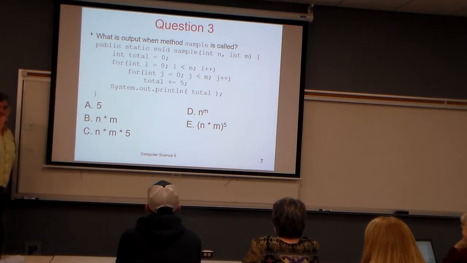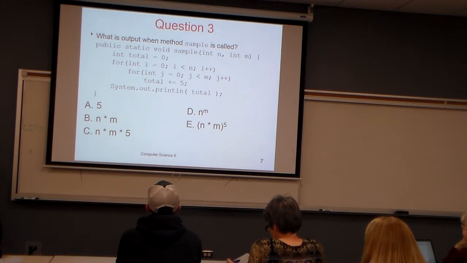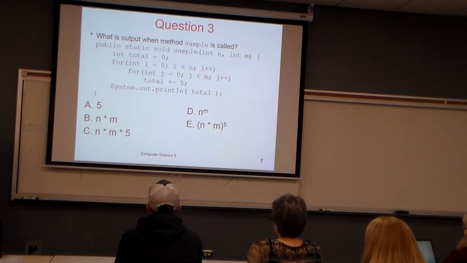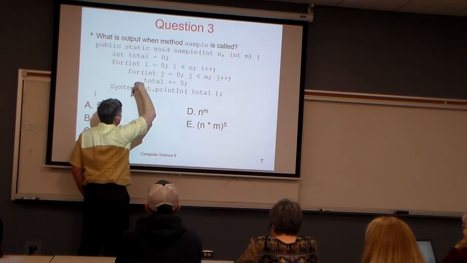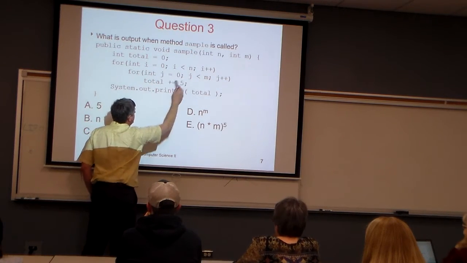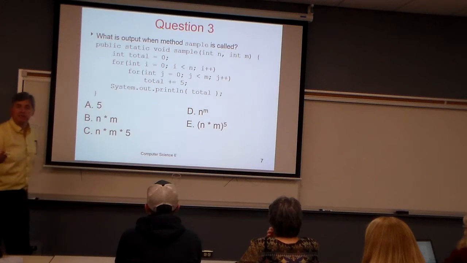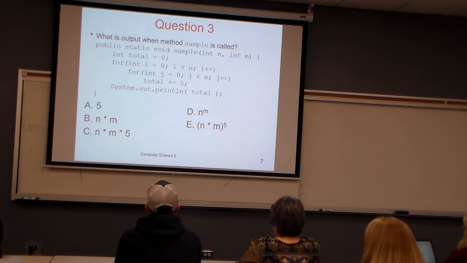So what is going to be the result of this? n times m times 5. Yeah, exactly. So everybody follow that? We're going to execute this outer one n times, and this inner one m times, so that's m times n. And then this is going to be updated 5 each time, so it's going to be 5 times that amount.